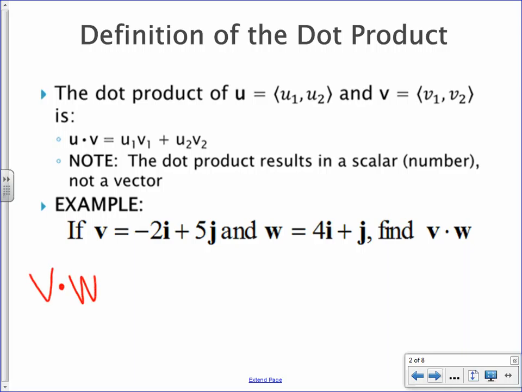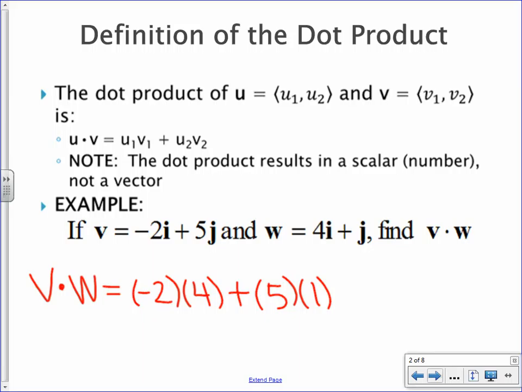So to find the dot product, we will multiply negative 2 times 4, because those are the horizontal components, plus 5 times 1. Those are the vertical components.